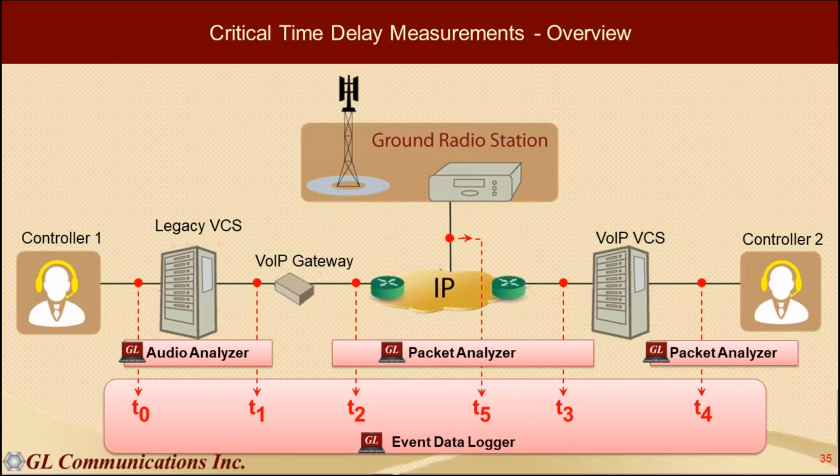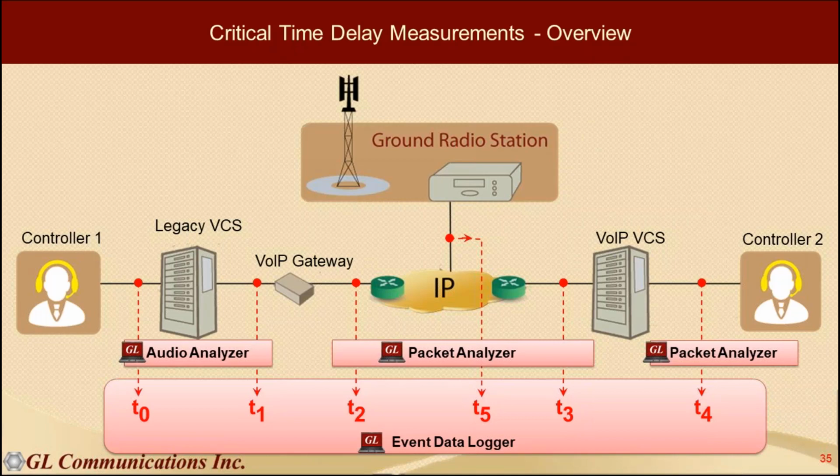All of these call scenarios, we have the ability to be looking for them. The packet analyzer has a specific filter set up to look for that packet of interest, that event to occur, and it has the ability to forward that over to the event data logger, and ultimately the timing is centralized at that point, and we can do deltas between all of these T0 through T5s.